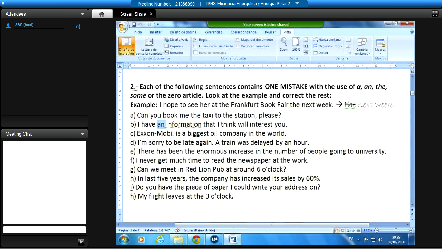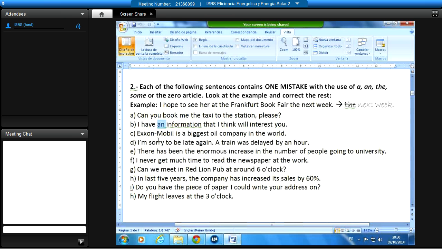Information is uncountable. Have you ever studied countable and uncountable nouns? Sometimes in Spanish we have nouns which are countable, but they are not countable in English. For example, information. Advice. What is advice? Consejos as well.